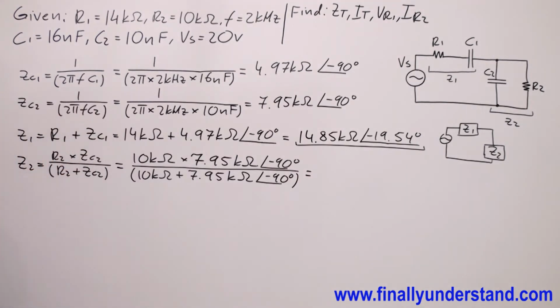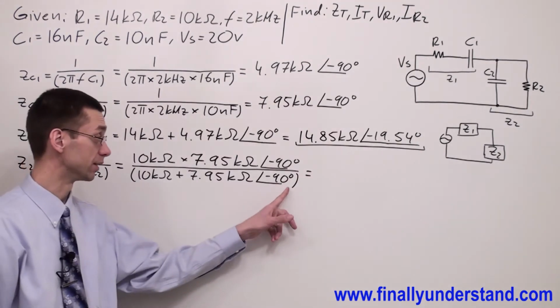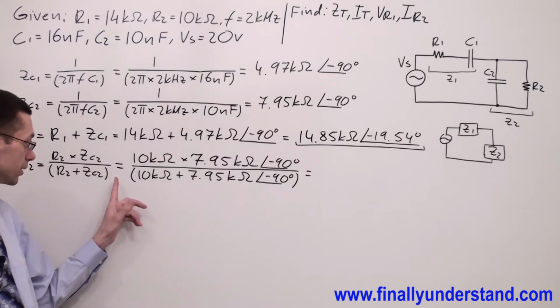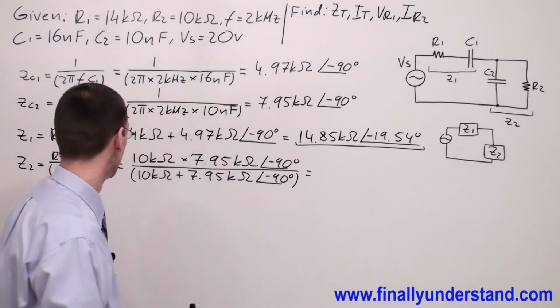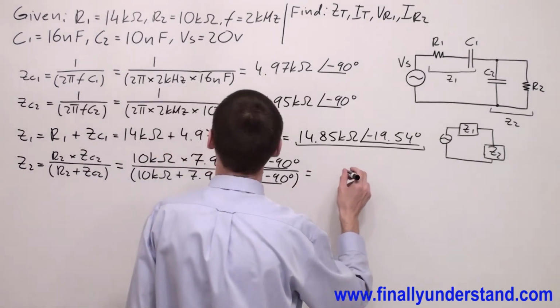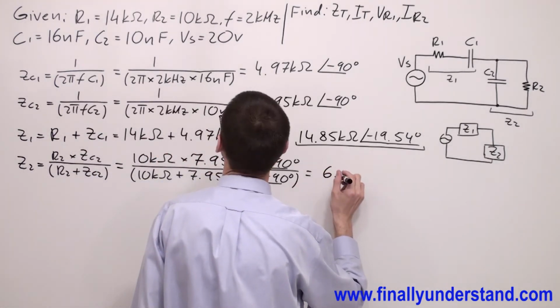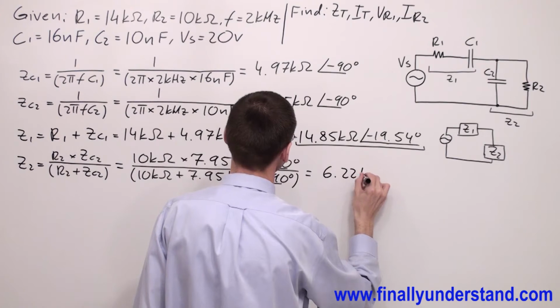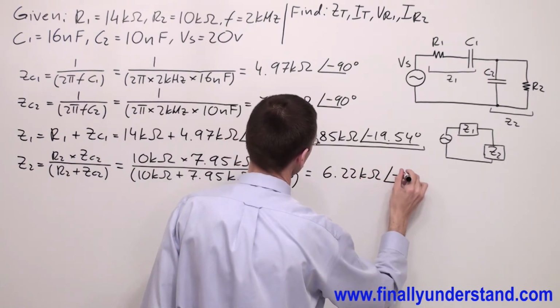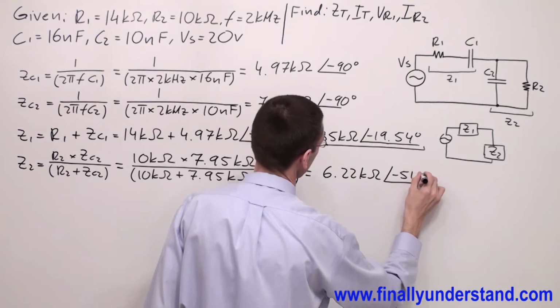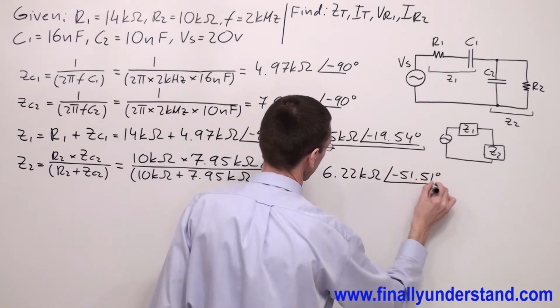Again, you're supposed to use the calculator. Don't forget about the parentheses. The parentheses in this case, especially in the denominator, are extremely important. You're supposed to get the value of 6.22 kilo ohms, and angle of negative 51.51 degrees.